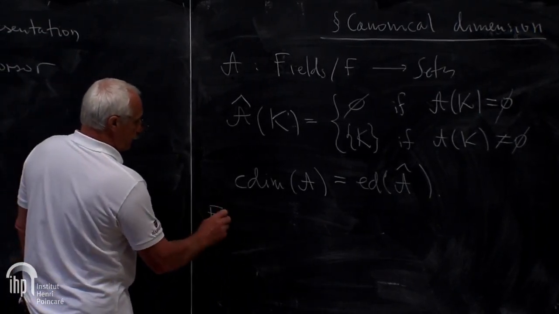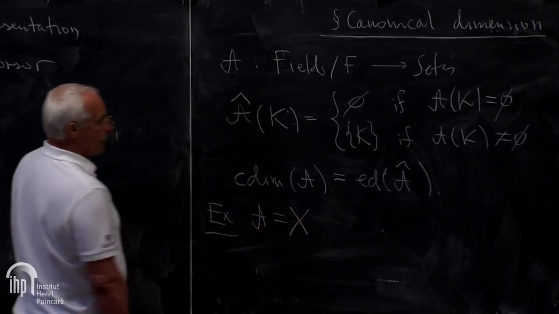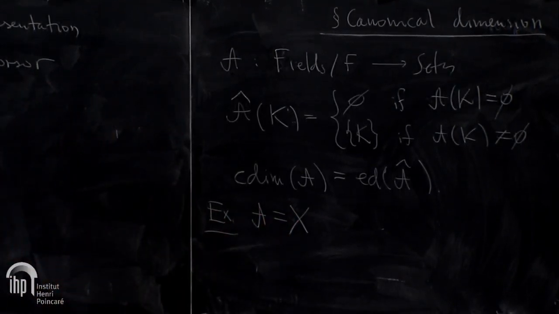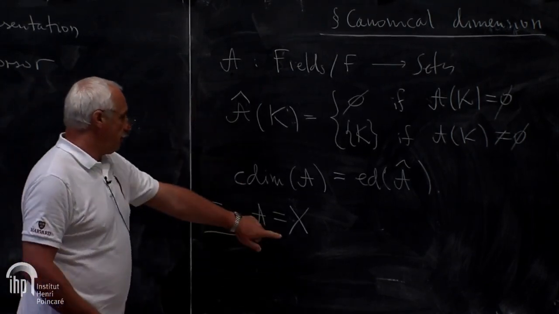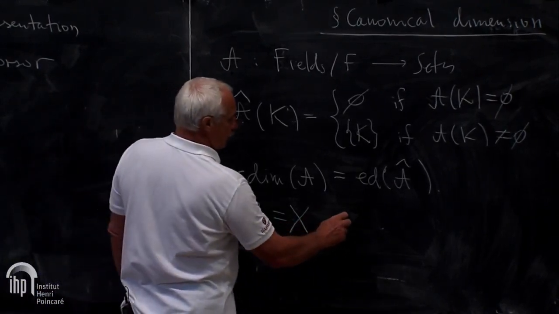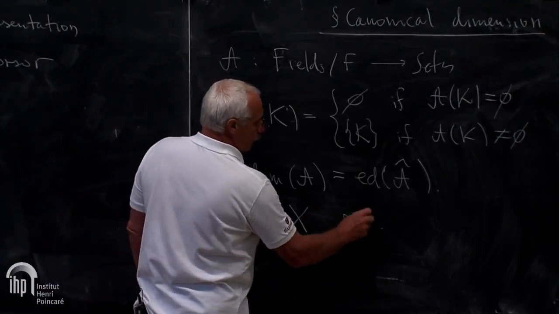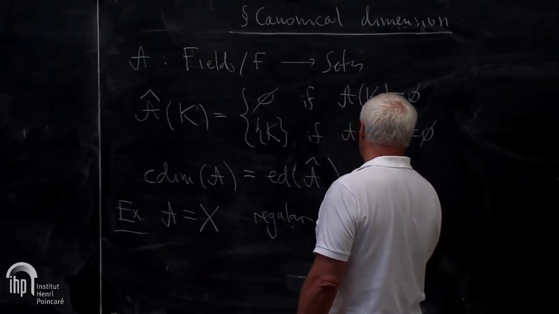So the interesting example is when A is given by a variety X. You can unfold the definition and see what this means for a variety X, at least in the case when X is regular and complete.